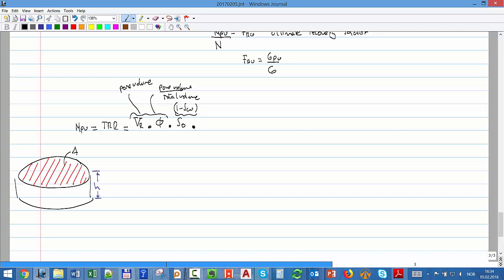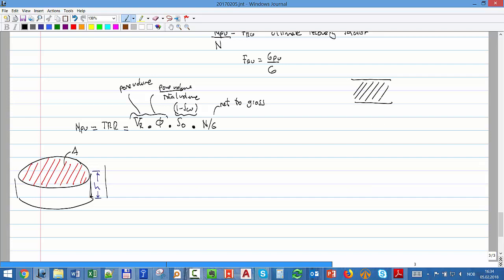And then what else do we need? We also need something called net to gross. Okay, and that is because from this area H, or this length H that I have, not all of it is reservoir bearing rock. Not all of that is filled with hydrocarbon. If we put a logging tool through it, maybe we will see that it has a structure.